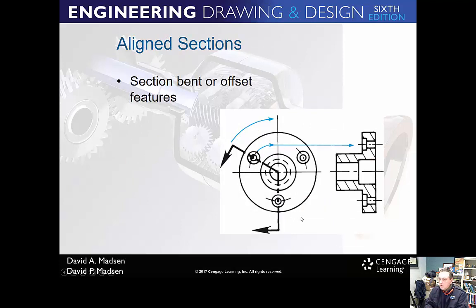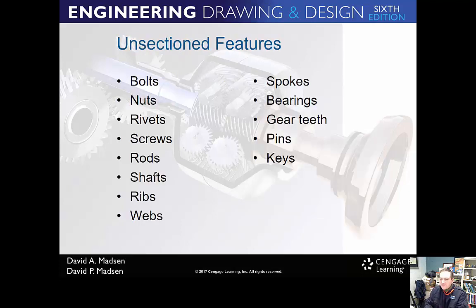So when I do an aligned section, a lot of times you're going this direction and then rotating it here, but it doesn't really matter. The whole point of it is my arrows point away from my section view, and I just take this and line it up, or align it, if you will, so that it looks like this right here. So hopefully that isn't too confusing for you.